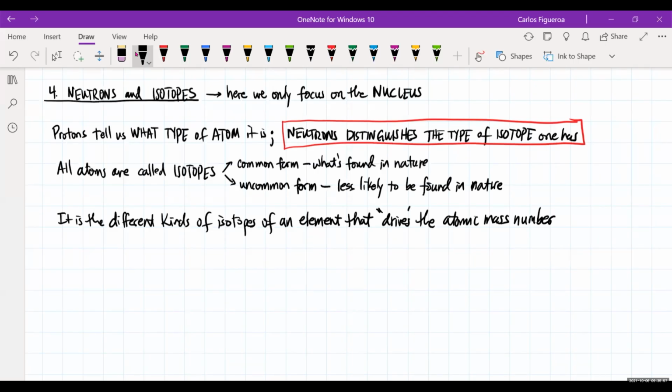Maybe drives is not the right word, but it's the only word I could think of at the moment.